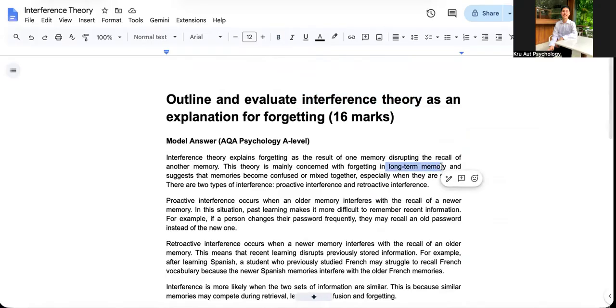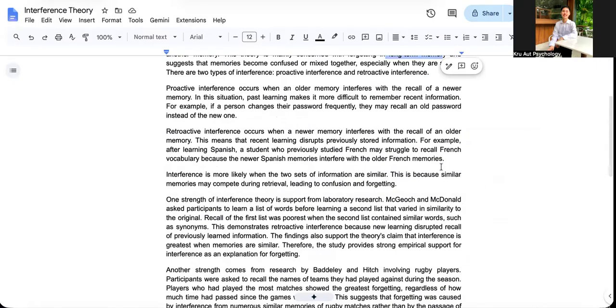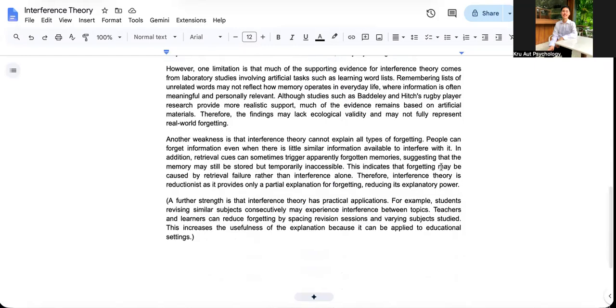My viewpoint and the examiner's viewpoint might be different, but I don't want you guys to be too risky and talk about attention, because that's from a different memory store. So just beware, and maybe consult your teachers, advisor or tutor to check this viewpoint. But I believe it's better to go with retrieval failure being another explanation.